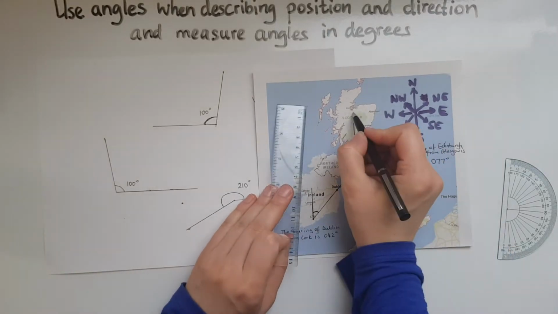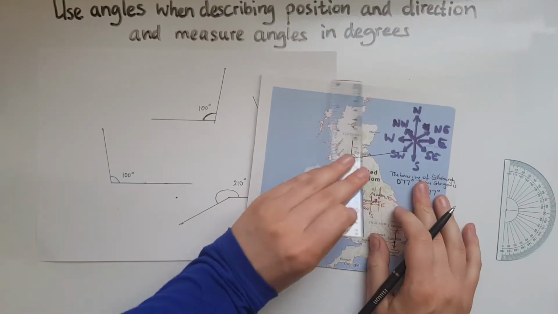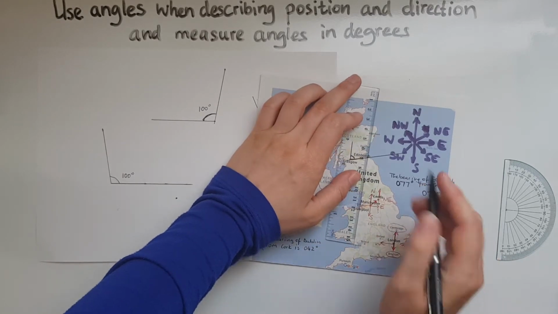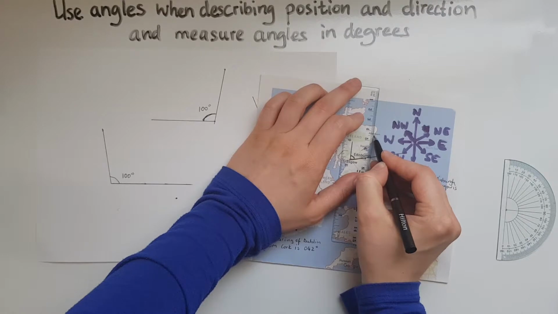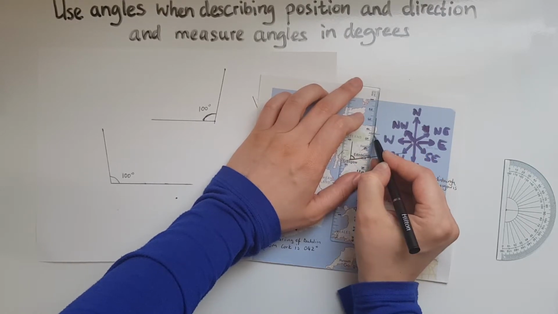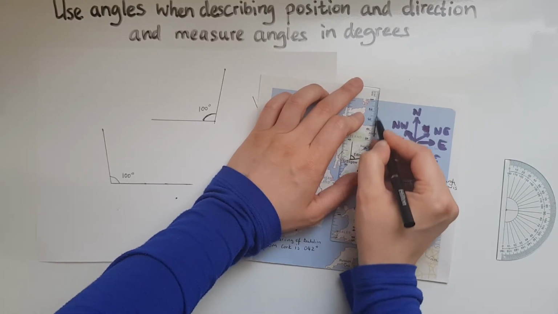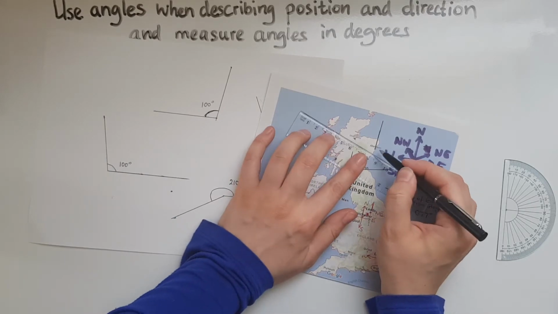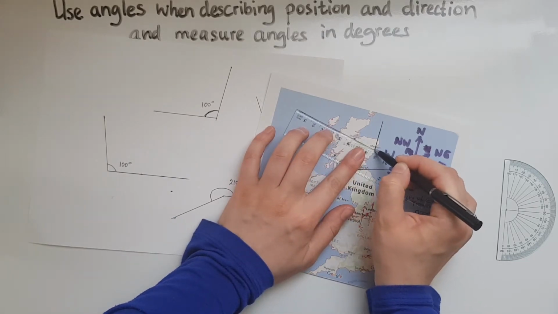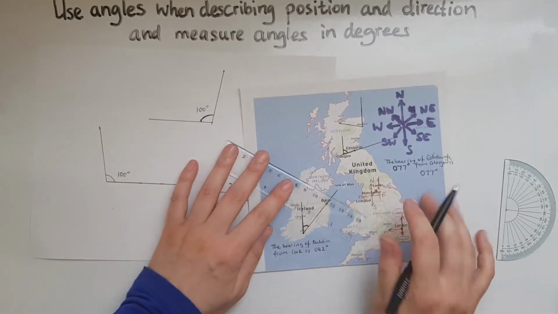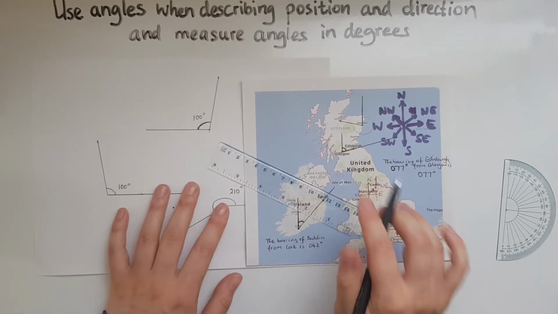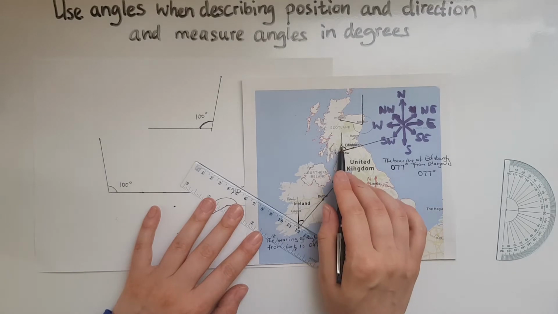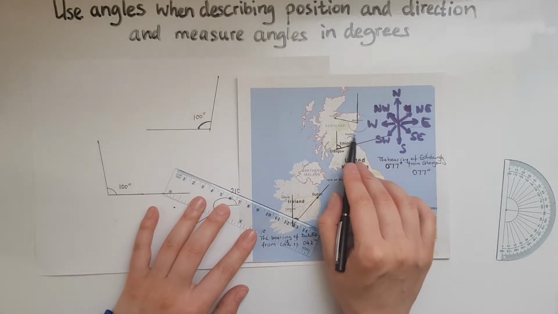So Inverness is there from Aberdeen, so we're starting with Aberdeen, drawing north, so that's the line that represents north, and we're going to Inverness. So that means we're going this way because it's always clockwise. We're starting from north, always we're starting from north, and we're going clockwise.